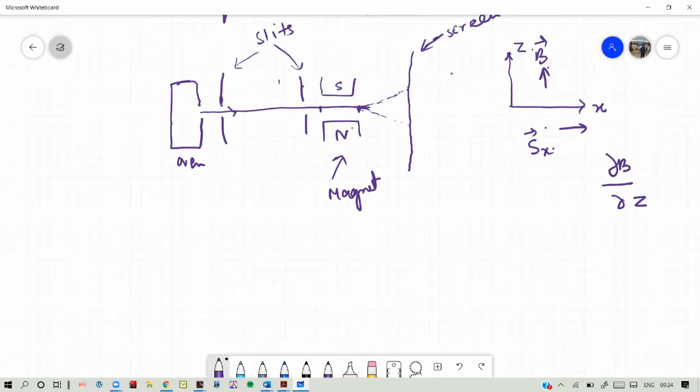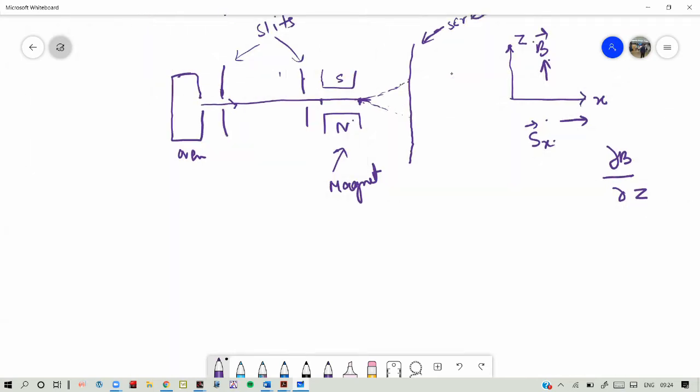Whenever the beam leaves this magnetic field, it is received on this photographic plate. I already told you, when silver falls on a photographic plate, the screen, which is made of some halides, decomposes and we get images on it.